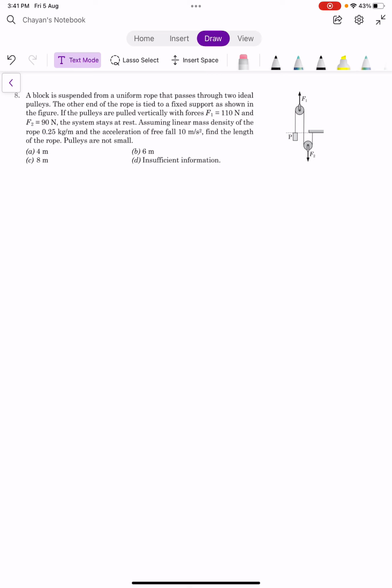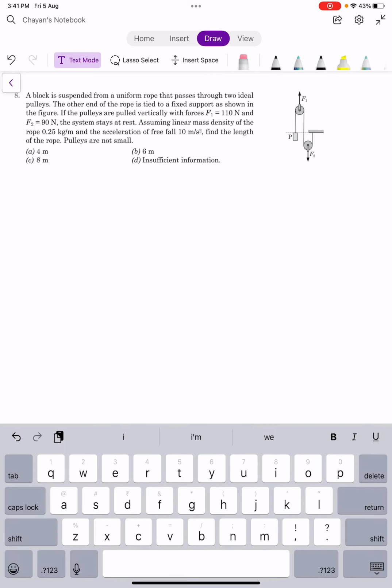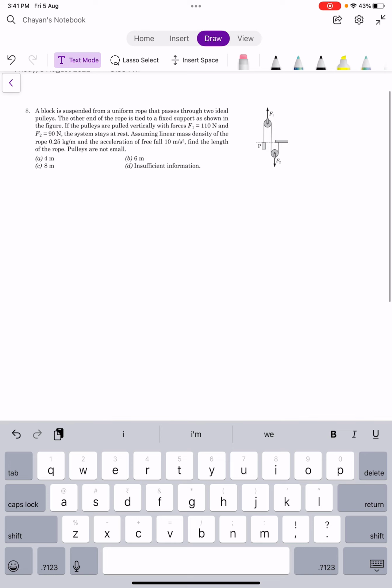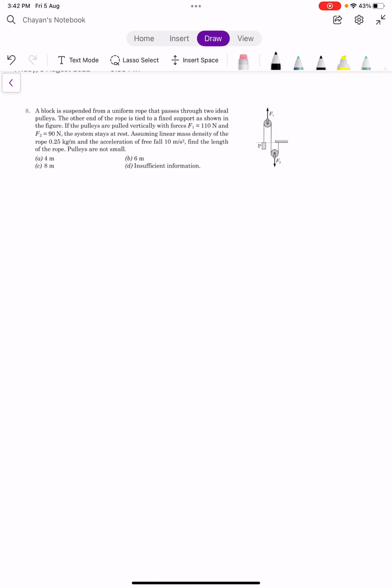Pulleys are not small. So if we think about solving the question, let's first draw the diagram over here.